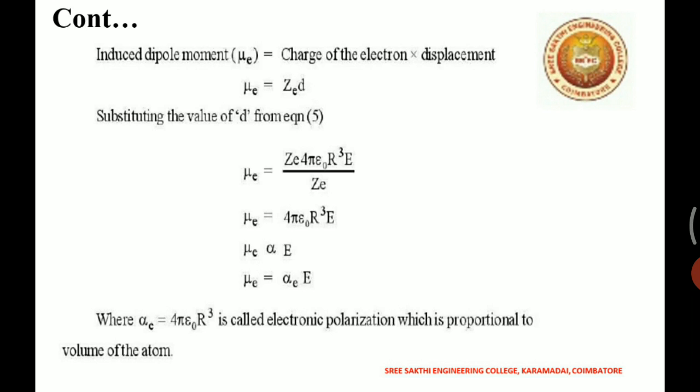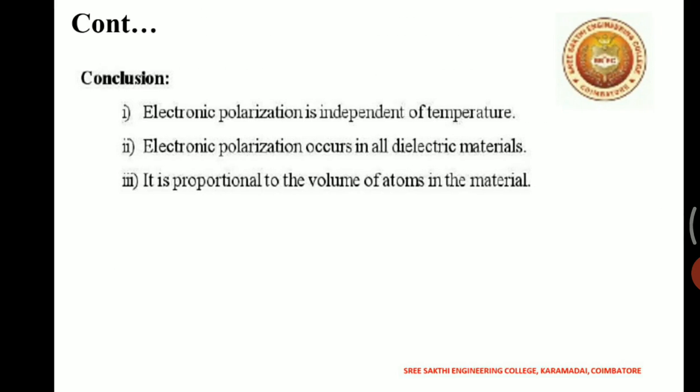By substituting this value and on further simplification, we get mu is equal to 4 pi epsilon naught R cube E. If we consider alpha e, the electronic polarizability, as 4 pi epsilon naught R cube, then mu is nothing but alpha e into E, which is the electronic polarization. So alpha e value is 4 pi epsilon naught R cube, which is proportional to the volume of the atom.